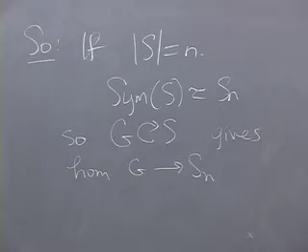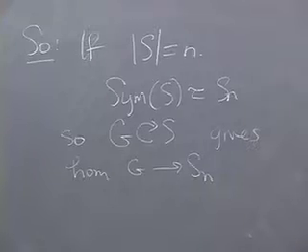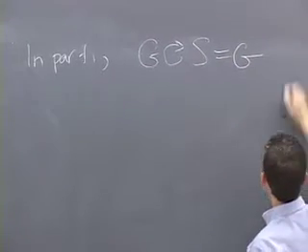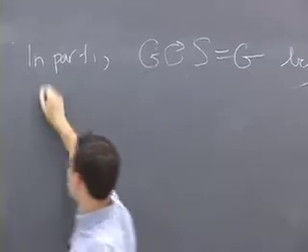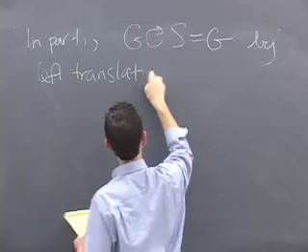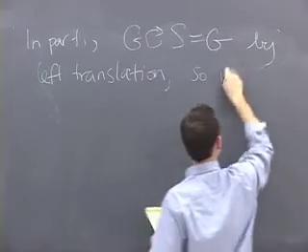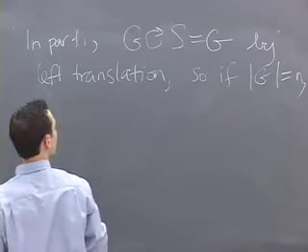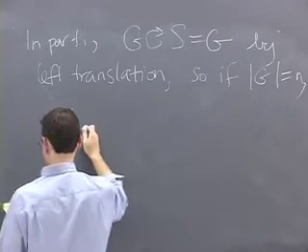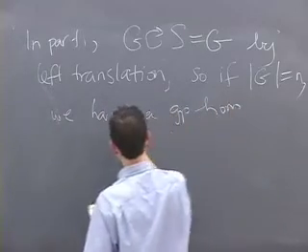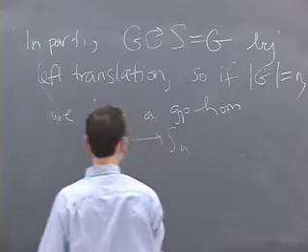So what do I mean by that? In particular, we can act on G itself by left translation. So if I have a group of order n, then I also have a group homomorphism G to Sn, and we know more about it.